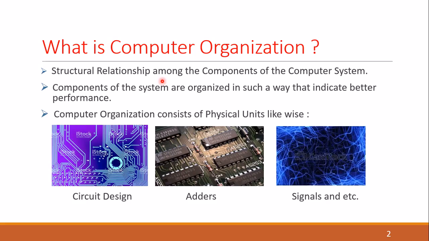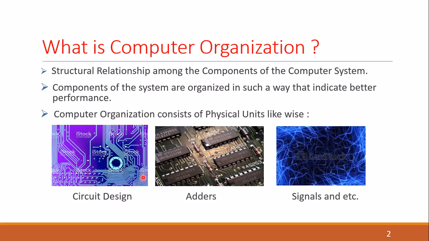The organization involves physical components like circuit design, the circuits, tiny lines. These are data paths. You may also hear the word buses. These are the data buses and control buses, through which the processor passes its instructions.